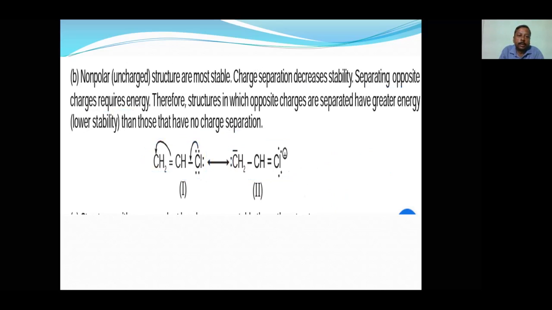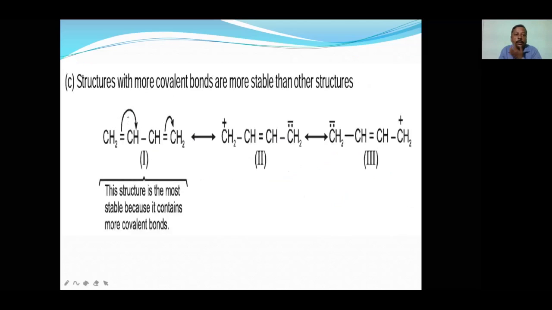Next, let us see if charges are there. Structures with more covalent bonds are more stable. Here it can be a sigma bond or a pi bond, not a problem. The electrons must lie in the bonds rather than in the charge. Here the total number of sigma bonds is the same.